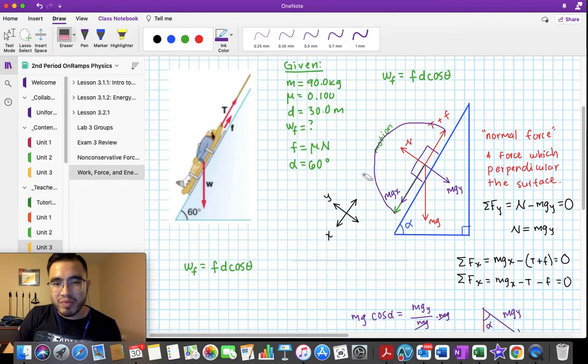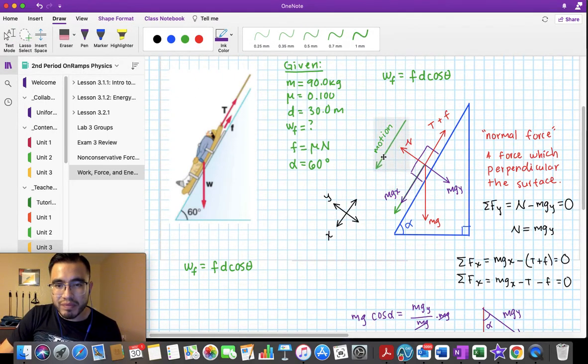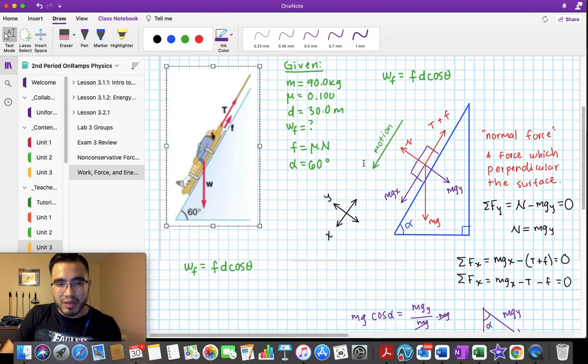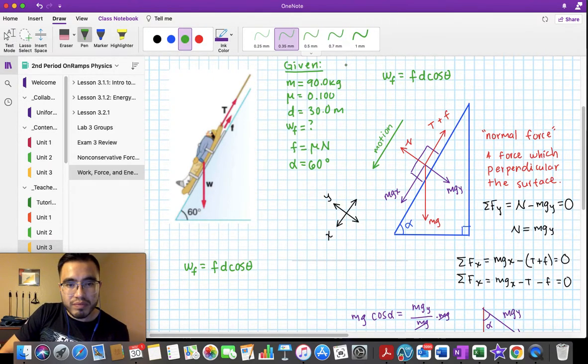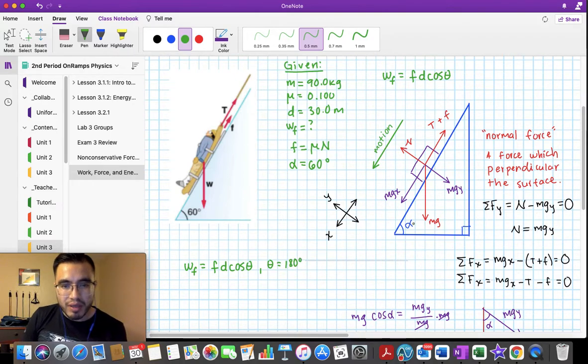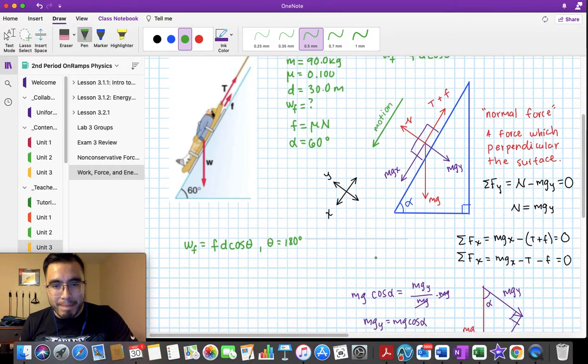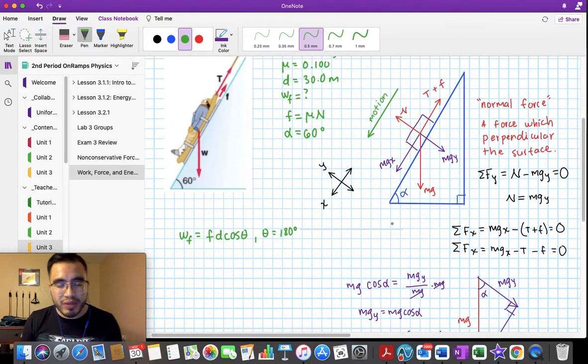So now I can say the force of friction, theta is equal to 180 degrees, half a circle. And the cosine of 180 is -1. If you don't believe me, go to Desmos and get the cosine of 180, okay?